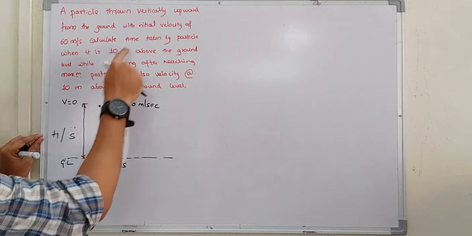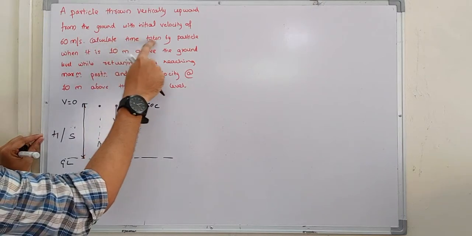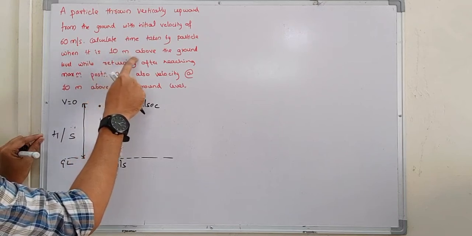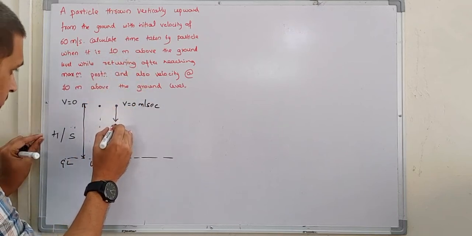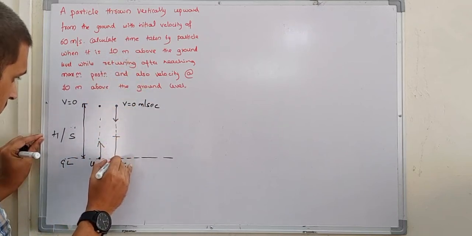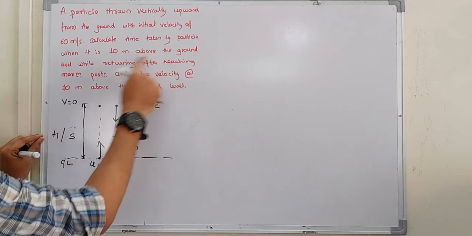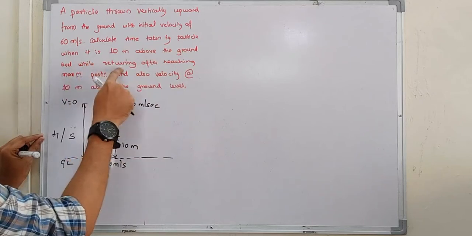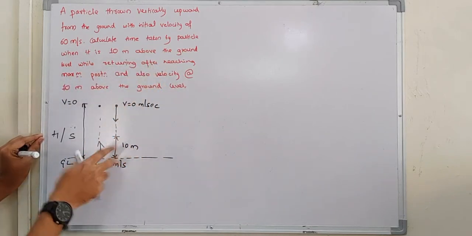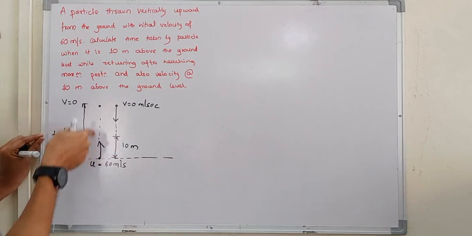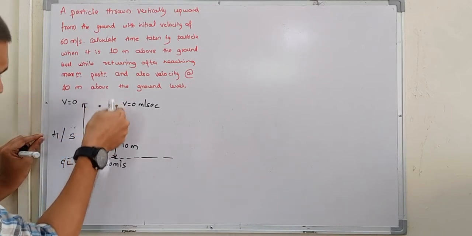Now what are you asked to calculate? Calculate the time taken by the particle when it is 10 meter above the ground while returning. So now there can be two cases. It can be 10 meter while moving upward, or 10 meter while moving downward.